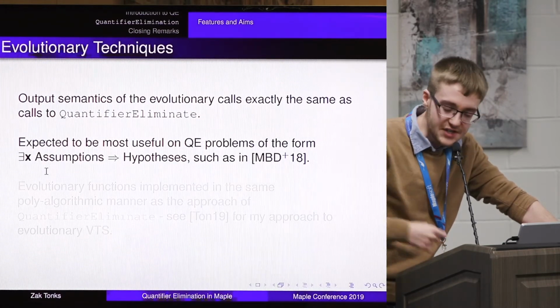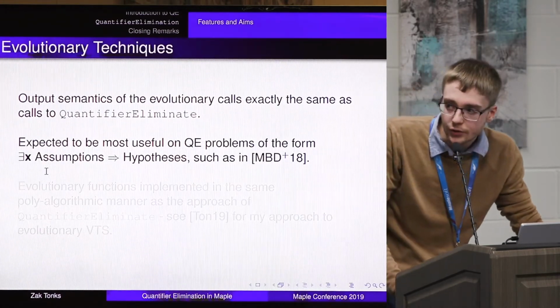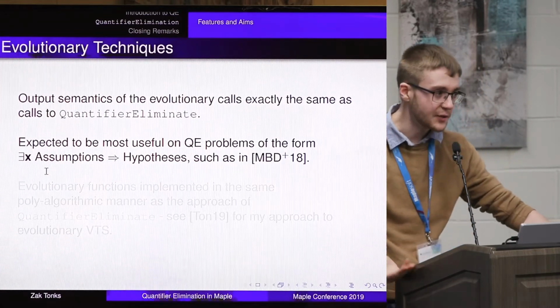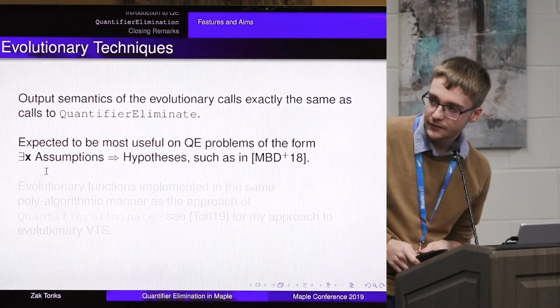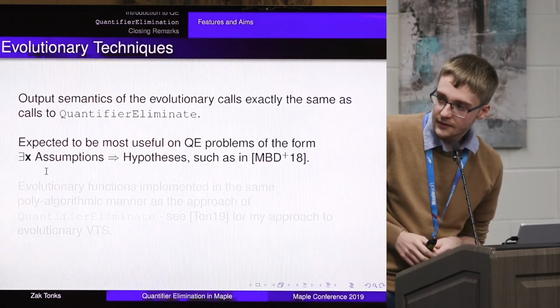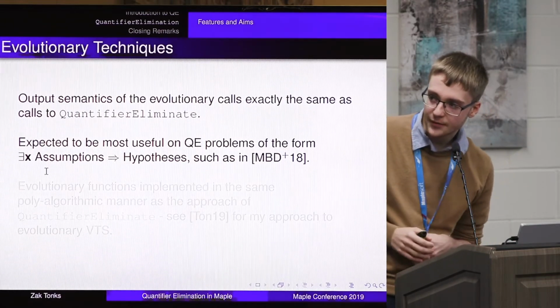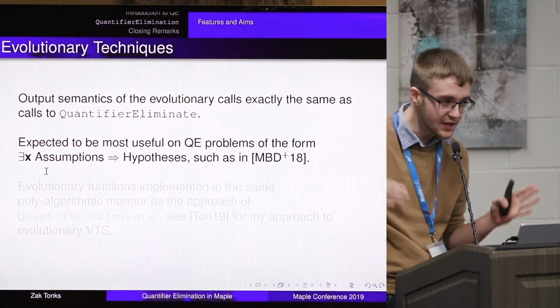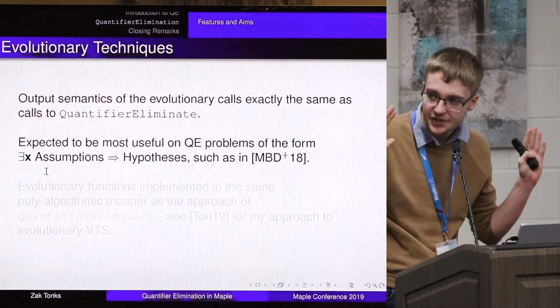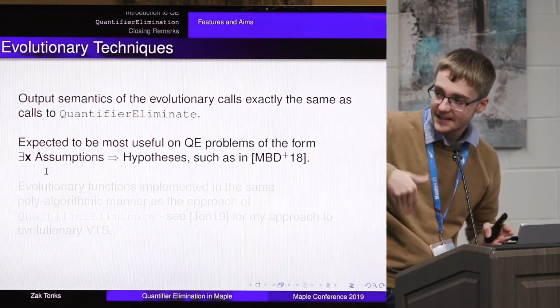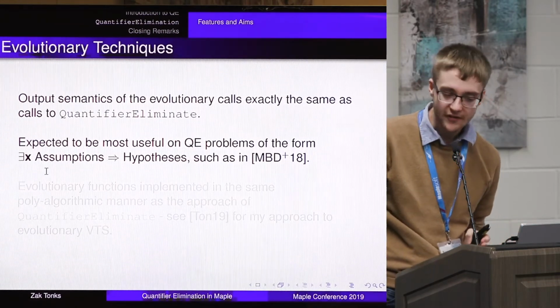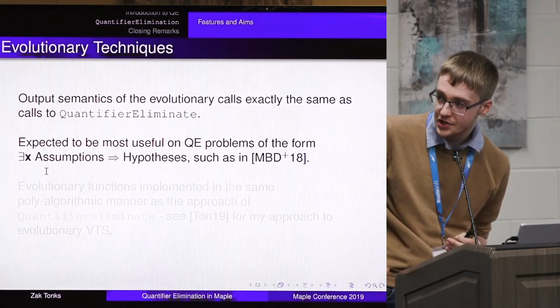And so this is designed to be most useful where you start, and QE is fairly hefty potentially, right? So you start by asking, okay, does there exist... you basically solve the SMT problem, a full existence on a set of assumptions, right? So you check if the assumptions are even satisfiable, right? And then you can extend that with the hypotheses once you know that that's even a reasonable question, right?